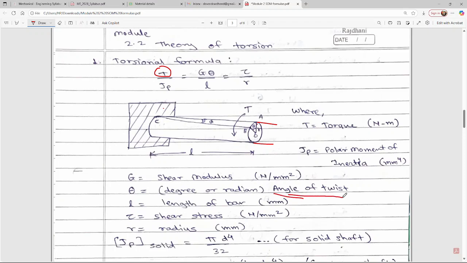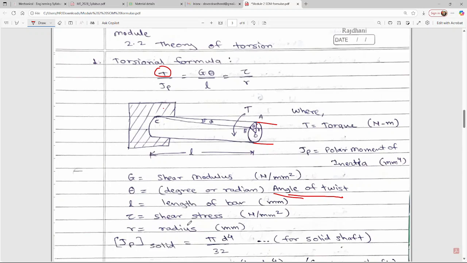Why I am explaining this: when you read a problem, you will get written statements like angle of twist, length of bar, shear stress, etc. So you have to convert them into your given parameters.